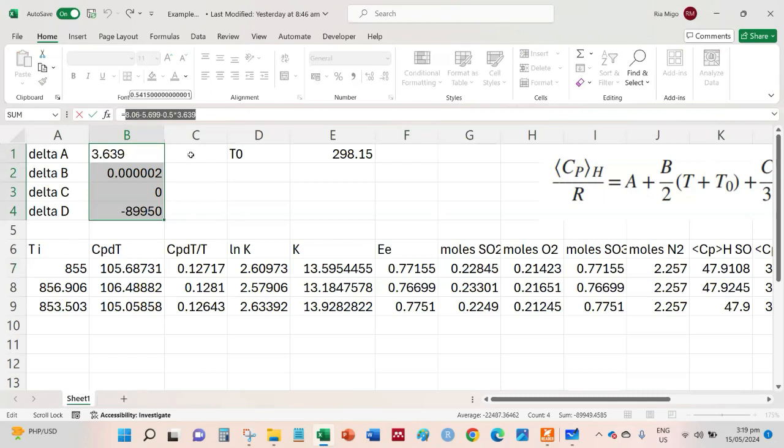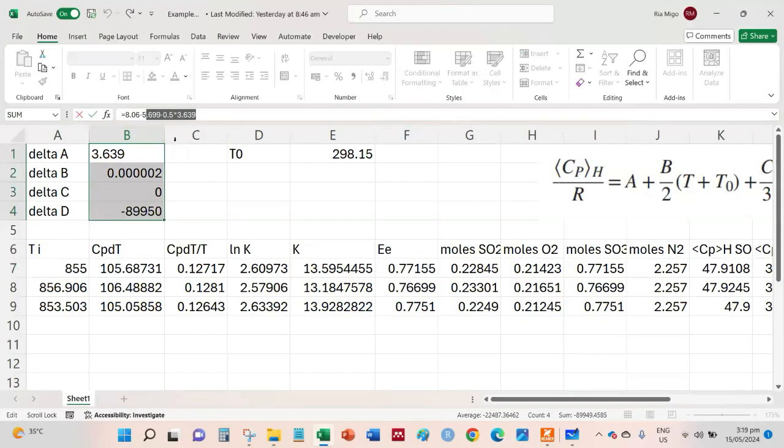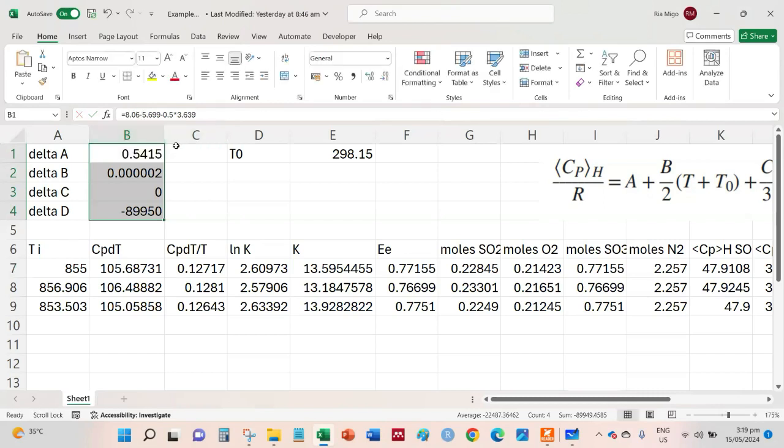After getting the delta A, delta B, delta C for the species, this is using the reaction. So N2 is not included. So we have one for SO2, O2. This is O2, so these are the reactants. This is for O2 and this is for SO2 and this is for SO3. The next step after assuming a temperature is to calculate CPDT.